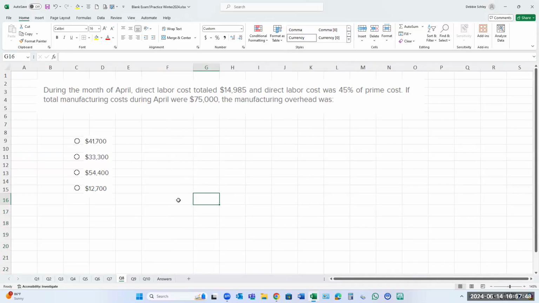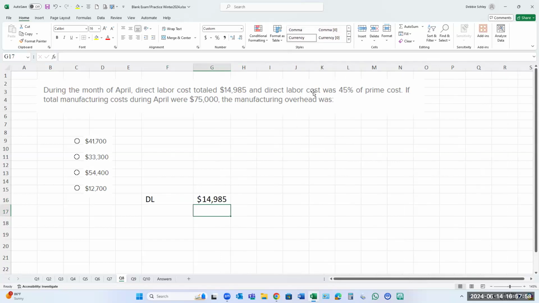Okay, so the labor is 14,985, and direct labor cost 45% of prime.